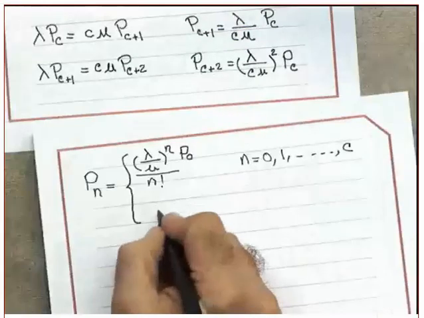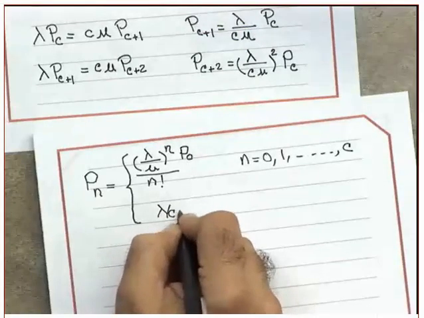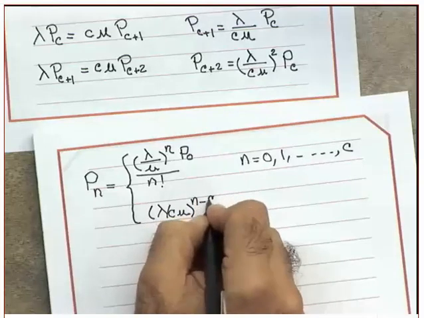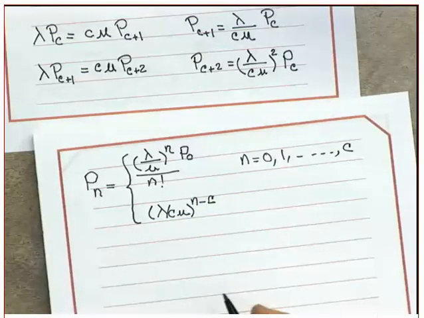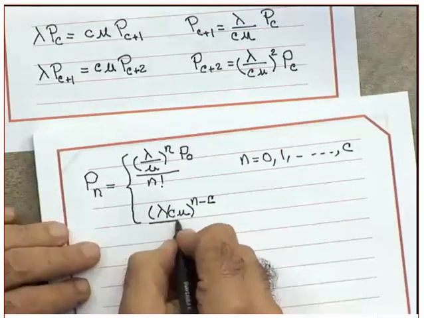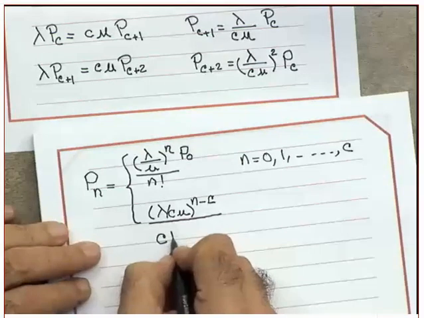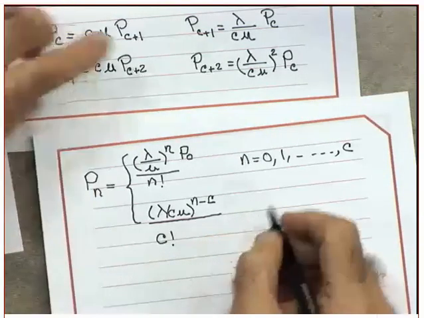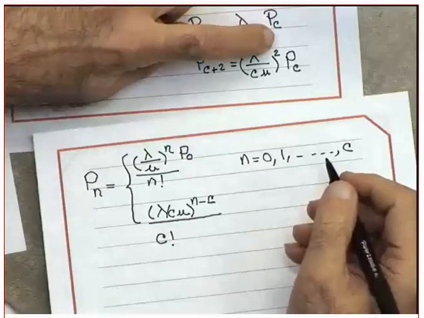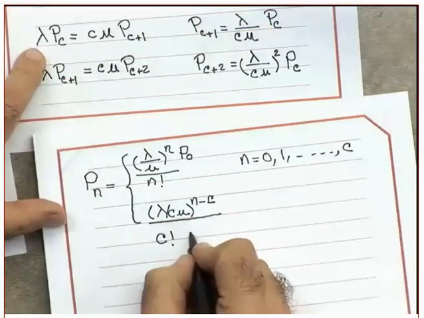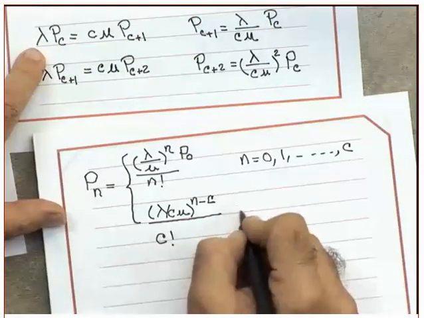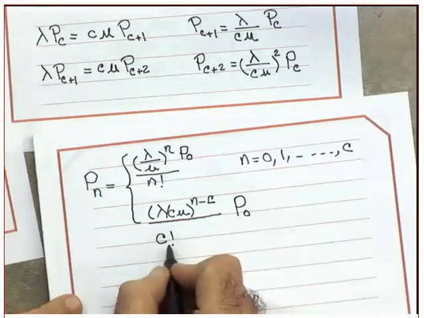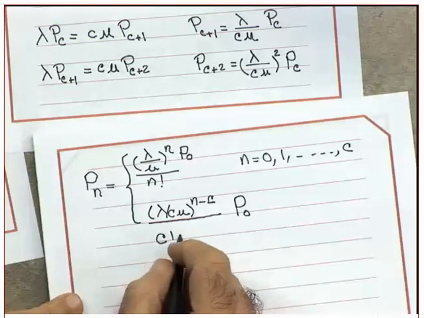Yes. Okay, so it's lambda over C mu to the n minus C times C factorial. I messed up. See, this one is PC, so it's times P0. No, but this is not C factorial. Say that? No. Times what?